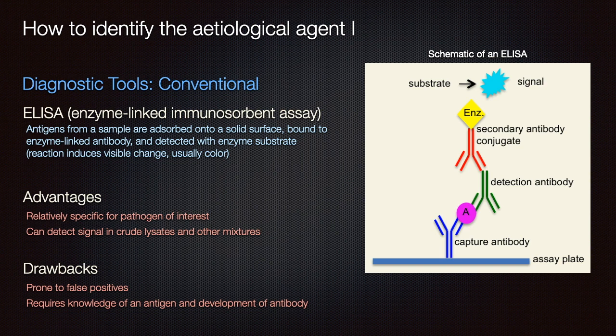This is a very common assay. It has several advantages. First, it is relatively specific for your pathogen of interest. Second, it can detect signal in crude lysates or other mixtures. In other words, you don't have to purify anything.